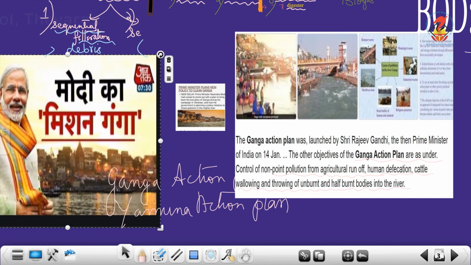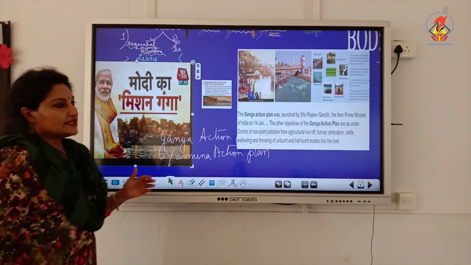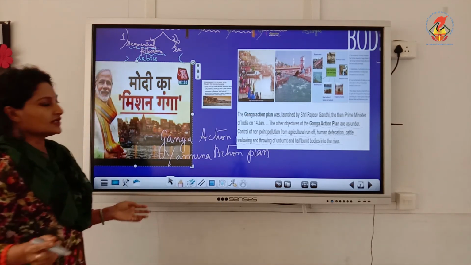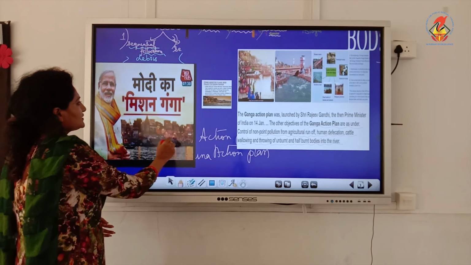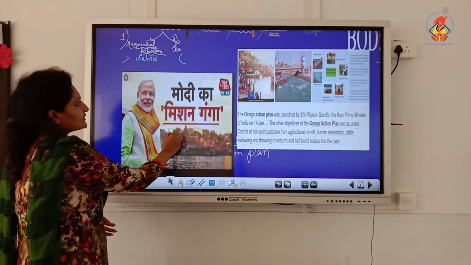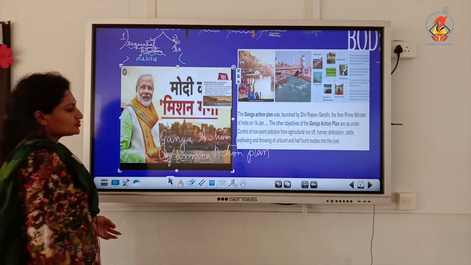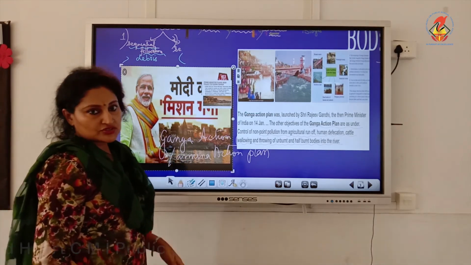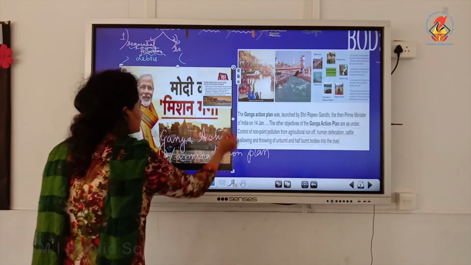Prime Minister Narendra Modi had vowed during his campaign in Varanasi that he would bring back the lost glory of Ganga by initiating policies and programs to improve the water of the Ganga. So, this is the latest, and it is an ongoing, very active process, and the plan is brought into action, though it was initiated a long time back.